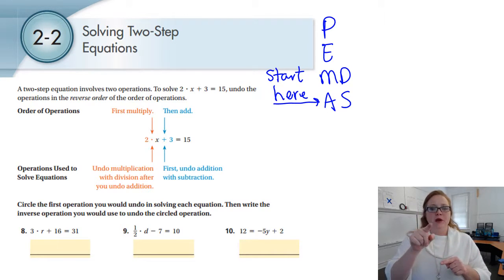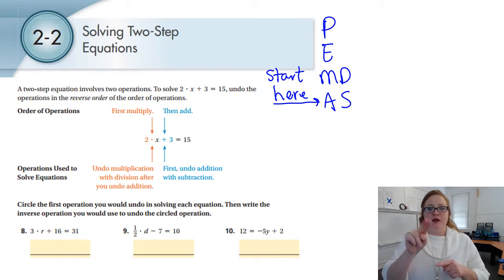Circle the first operation you would undo when solving each equation. Then write the inverse operation you would use to undo the circled operation. Pause the video now and answer questions 8 through 10. Number 8.